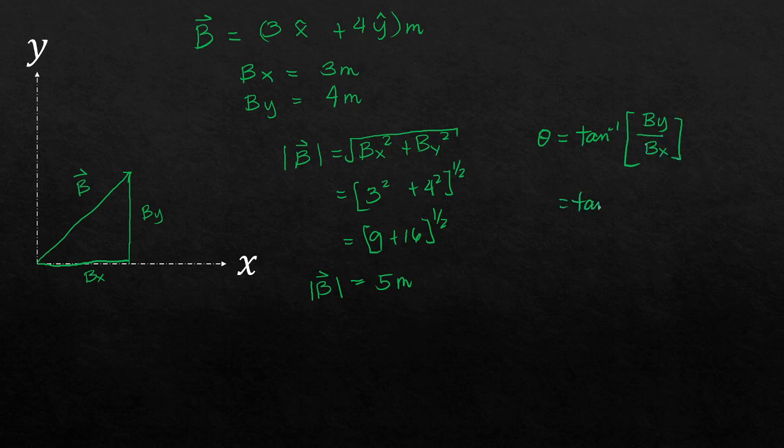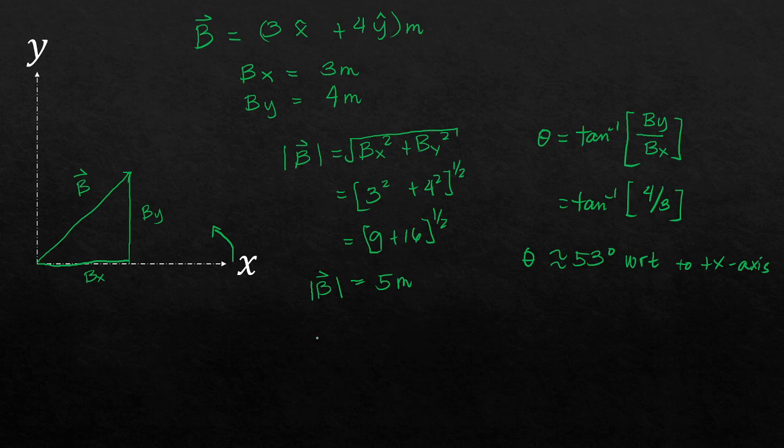So arctangent of 4/3, so approximately theta is 53 degrees. Okay, 53 degrees with respect to the positive x-axis. Okay, because the usual rotation would be from the x-axis would be 0, and then you go counterclockwise for the positive orientation of the angle.